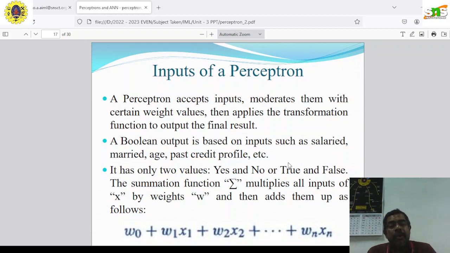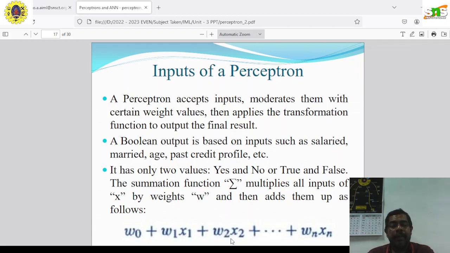The summation function multiplies all inputs x by the weights w and then adds them up as follows: w0 plus w1 x1 plus w2 x2 up to wn xn.